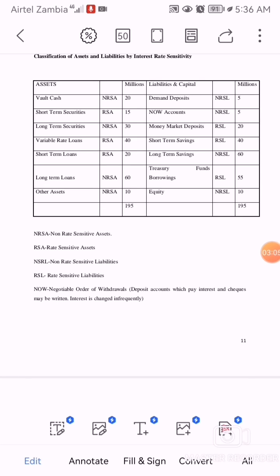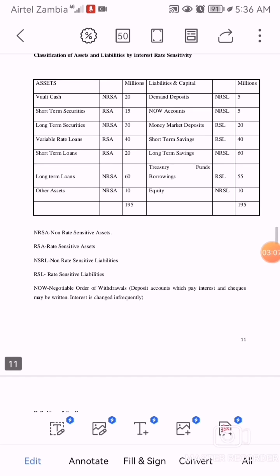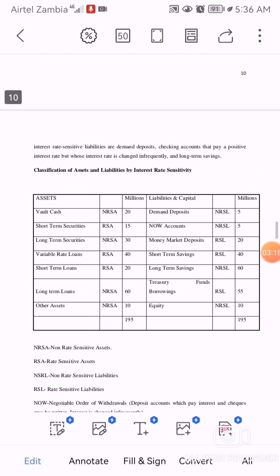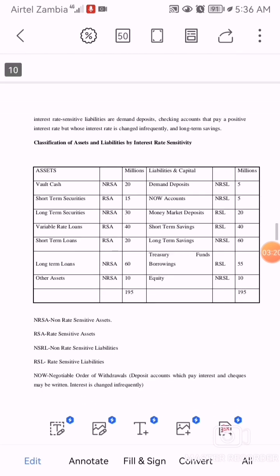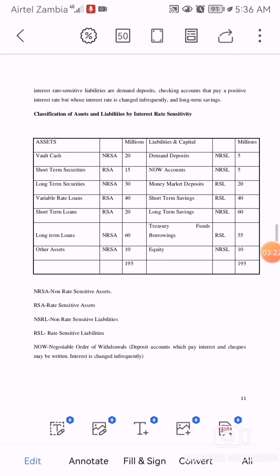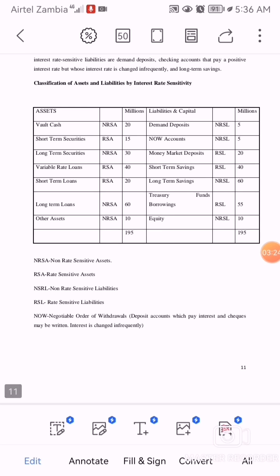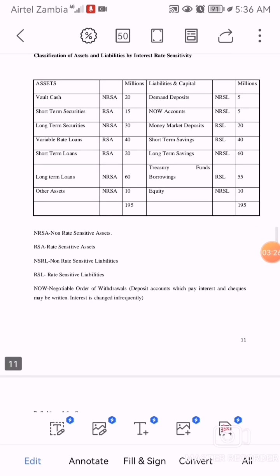So it's a non-rate sensitive asset. Long-term loans, non-rate sensitive assets, other assets. Here you are going to focus on short-term kinds of investments. Your investments can be in loans or any kind of securities. As long as they are short-term, we're going to regard them as RSA, rate sensitive assets.